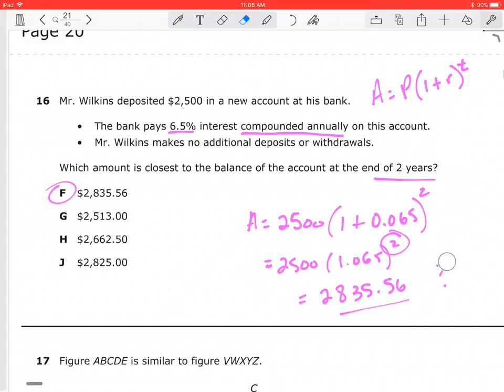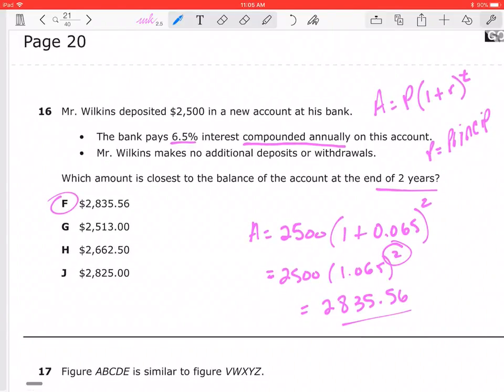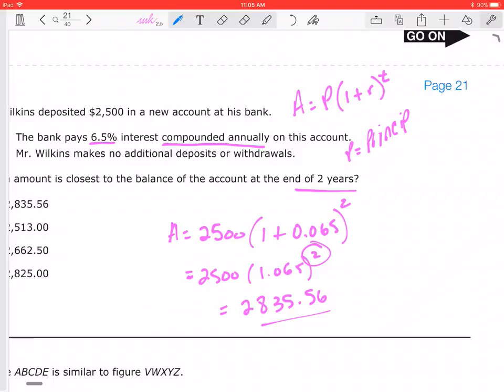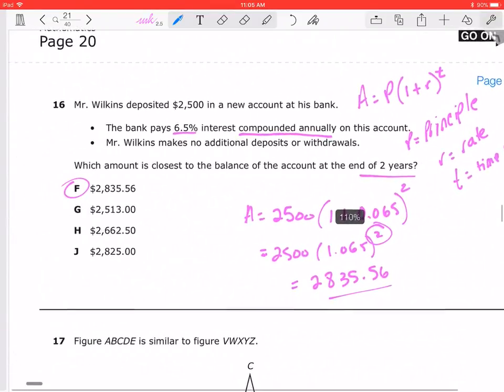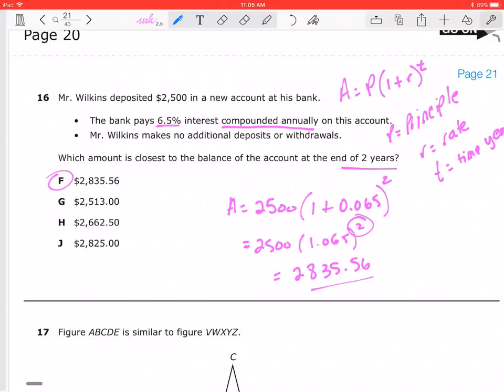So in terms of the formula, P is our principal, and R is our rate, and that needs to be a decimal. And then T is our time in years, though it's not necessarily always going to be years.